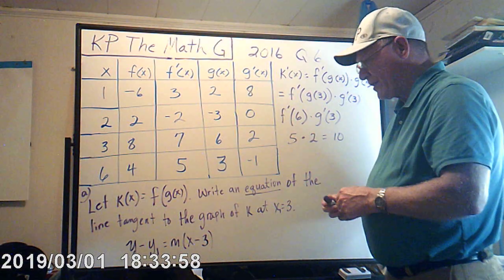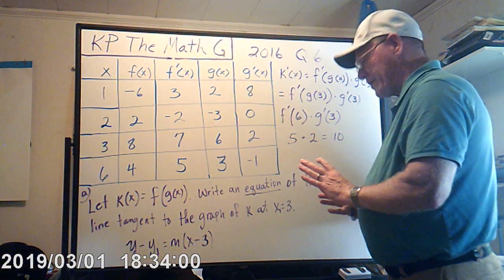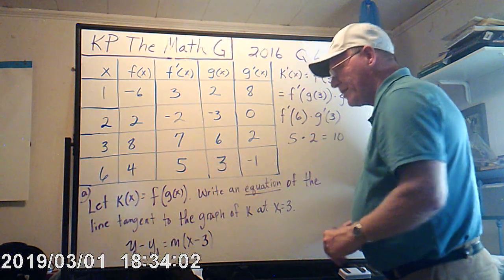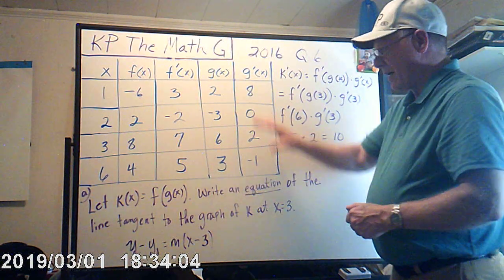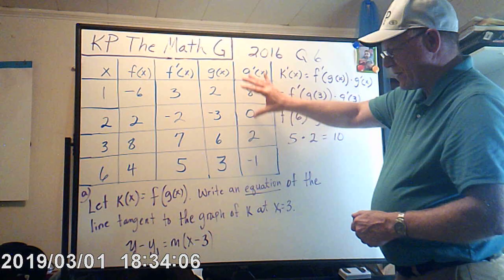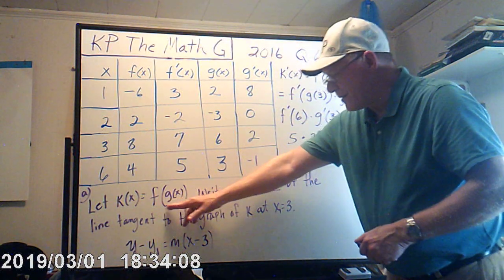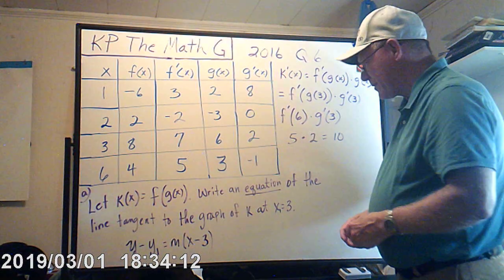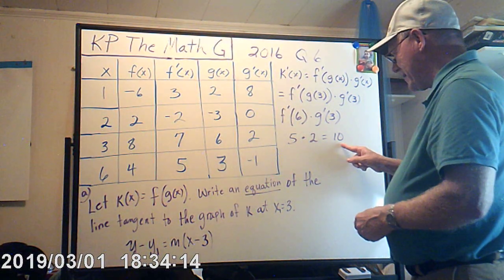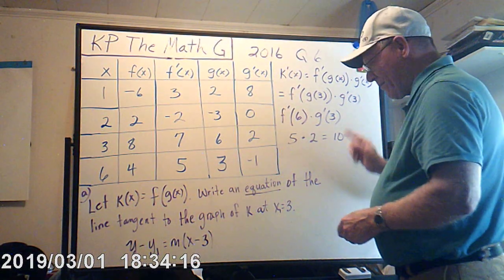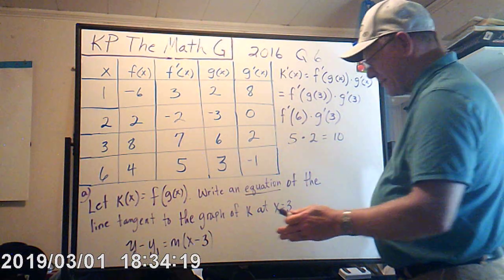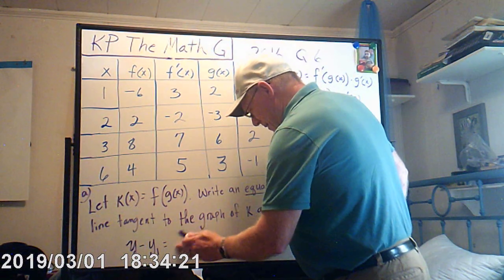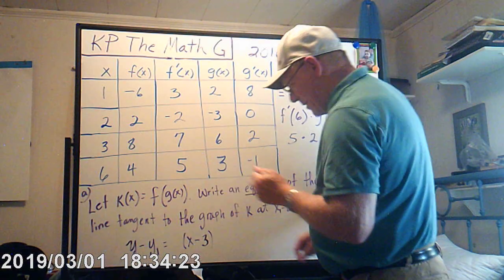If you're a teacher, this is something you can use to teach your students how to interpret this table and know what kind of derivative you're up against. And that's what you do. Oh, but that's just the slope. We have not gotten the rest of this. So we do know that the slope is 10.